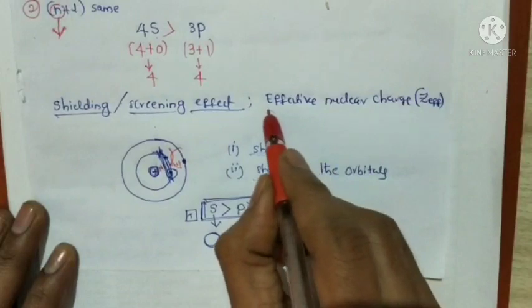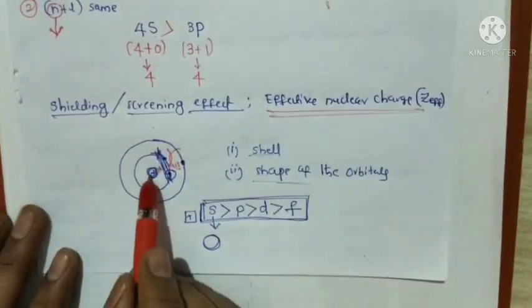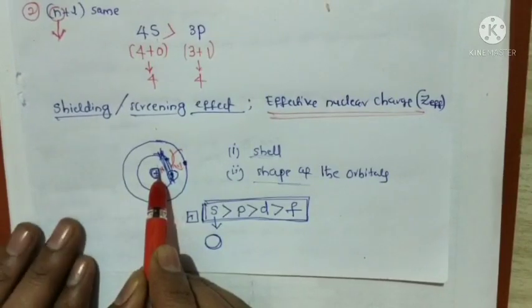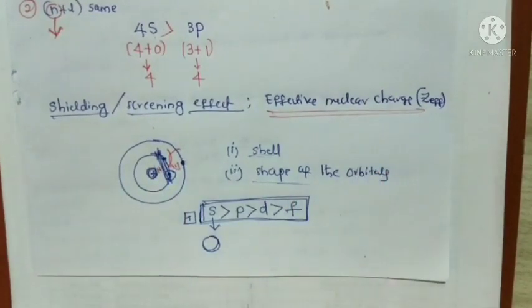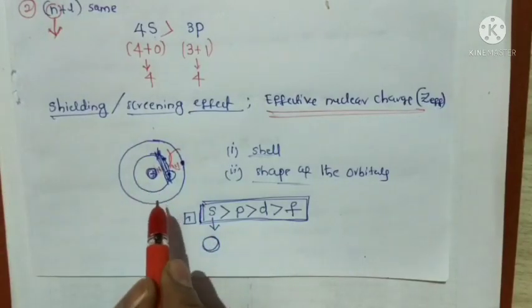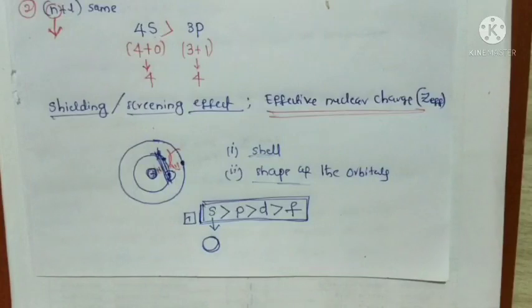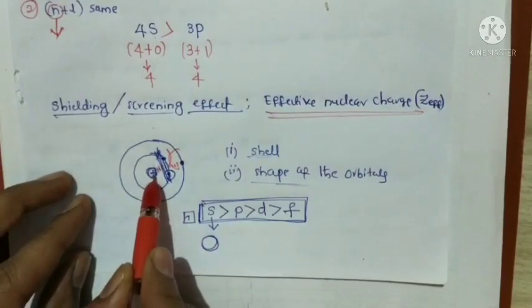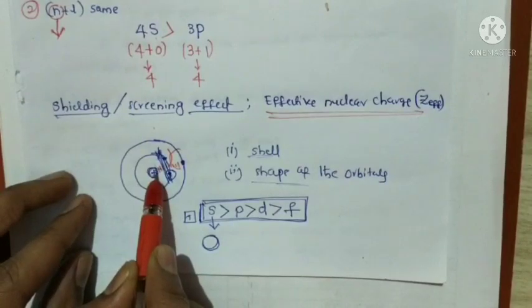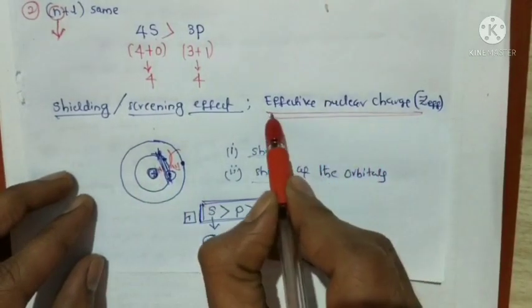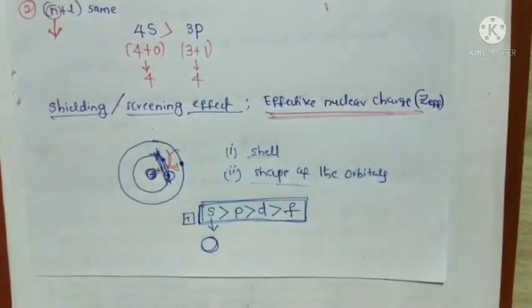Effective nuclear charge is nothing but the net positive charge experienced by the outer electrons. So what is the definition? The net positive charge, I will send notes, so don't worry. The net positive charge experienced by the outer electrons is called effective nuclear charge.